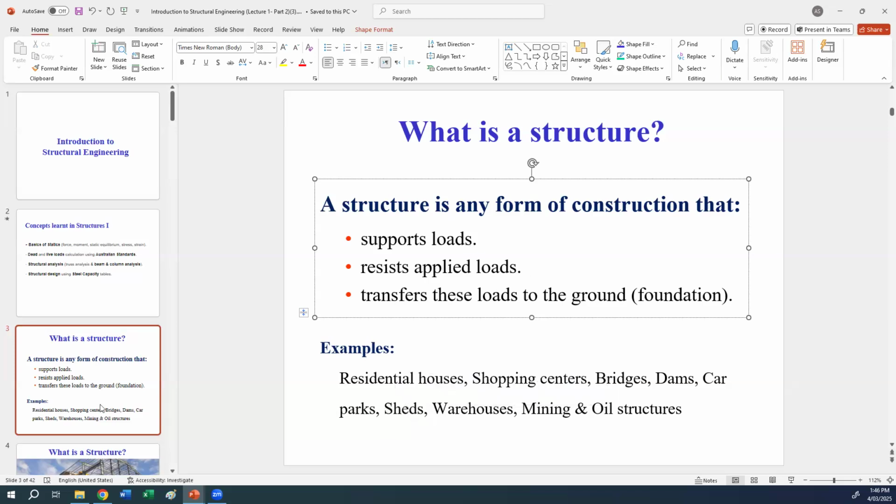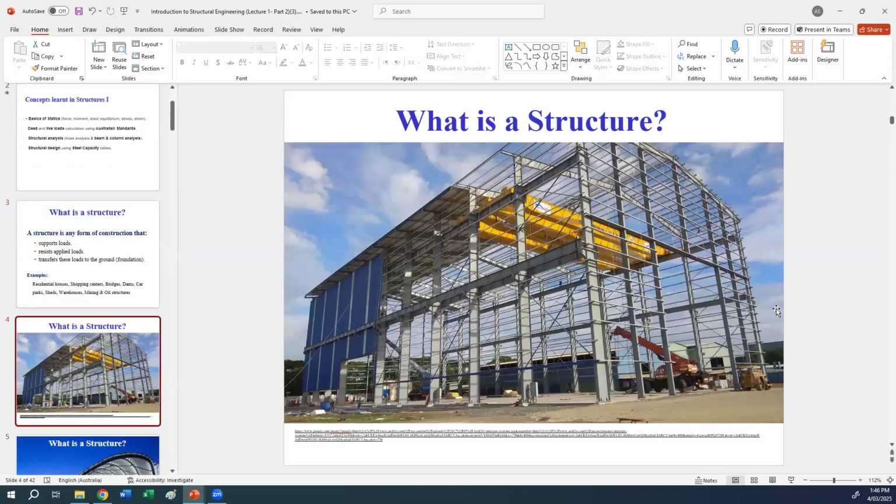Okay, so these are some examples of structures, and here are some photos of structures that you can see around. For example, this is a warehouse under construction. You can see columns, and we have rafters at the very top here.